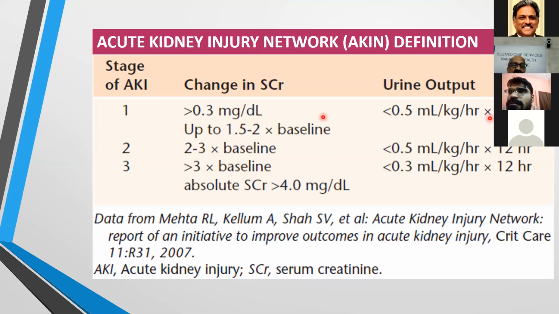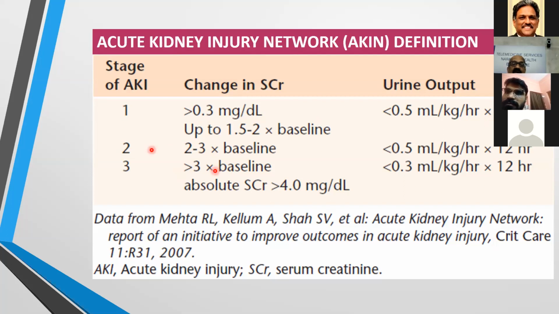In stage 2, the serum creatinine is 2 to 3 times the baseline, and the urine output is less than 0.5 ml per kg per hour for more than 12 hours. And in stage 3, the change in serum creatinine is greater than 3 times the baseline, or the absolute serum creatinine value is more than 4 milligrams per deciliter.